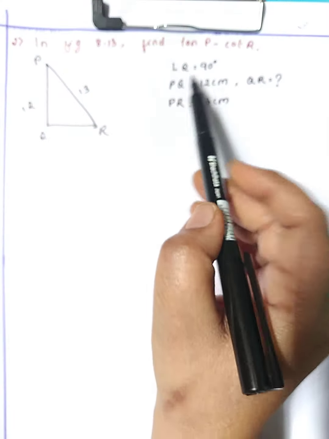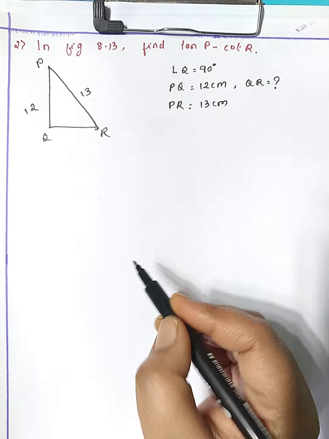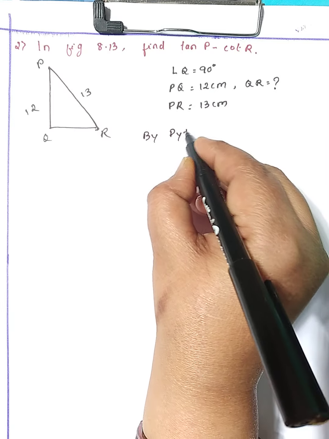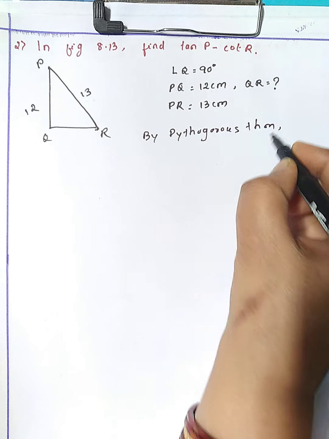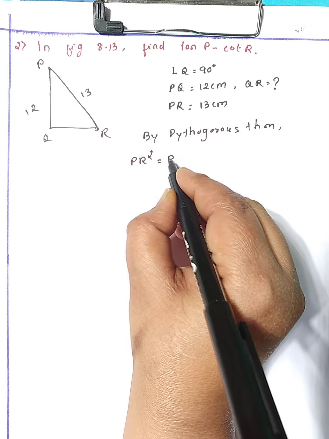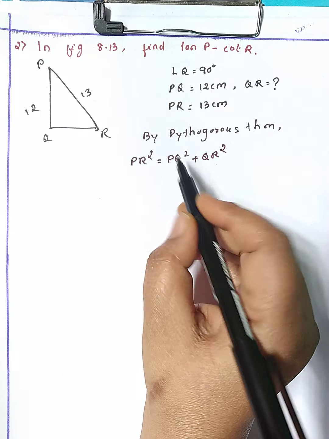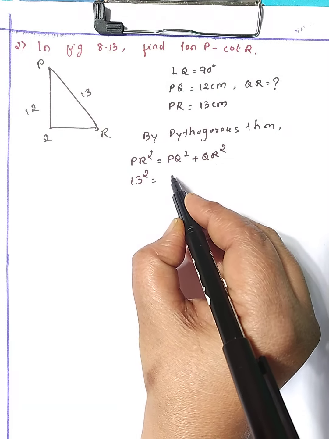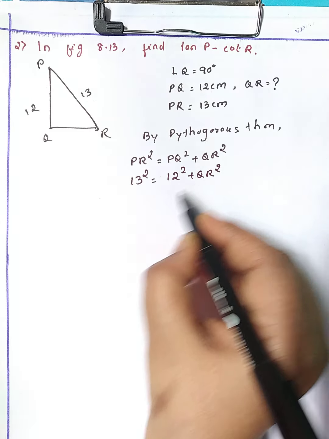For finding any trigonometric ratios, we have to find out the lengths of all the three sides of the triangle. So again by Pythagoras theorem, PR square equal to PQ square plus QR square. Given is PR 13 square equal to PQ 12 square plus QR square.